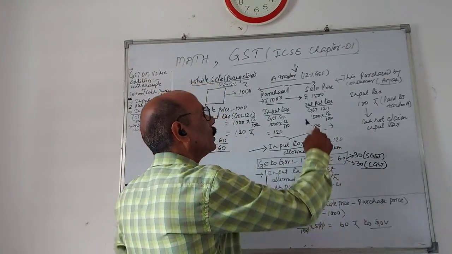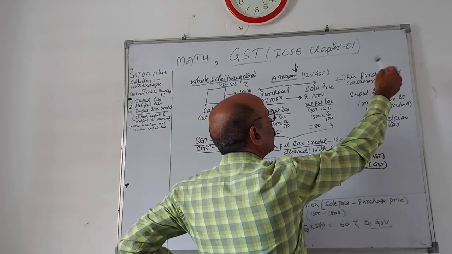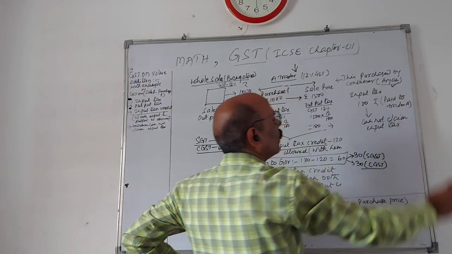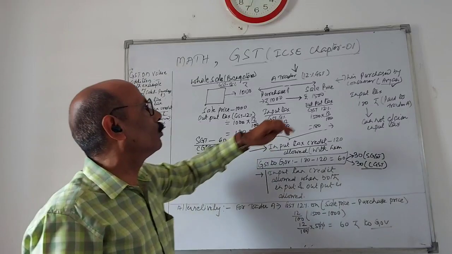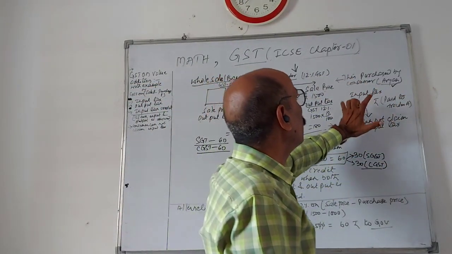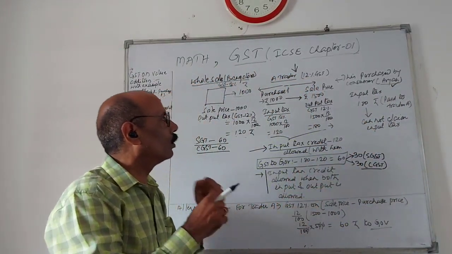Now come to the case of the consumer, the final consumer. Suppose anybody, a final consumer, here I have written the name Aryan just for fun. Suppose Aryan has purchased this item finally for consumption. That means he will not sell this item. He has received this item for his own use.